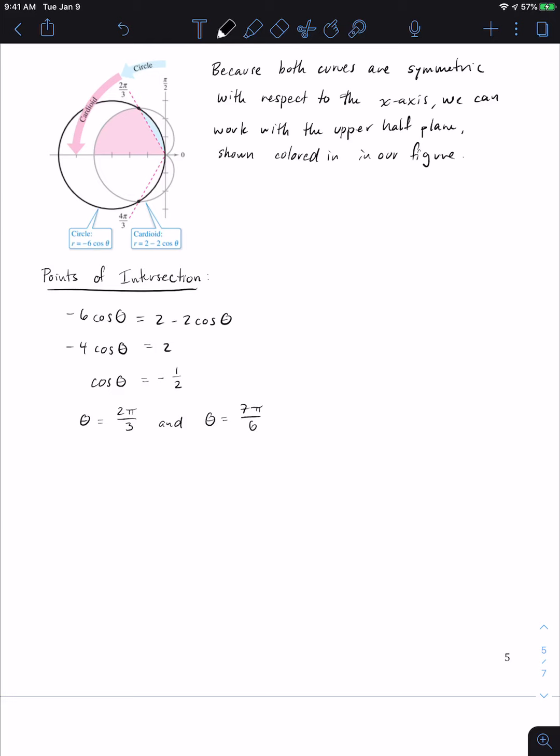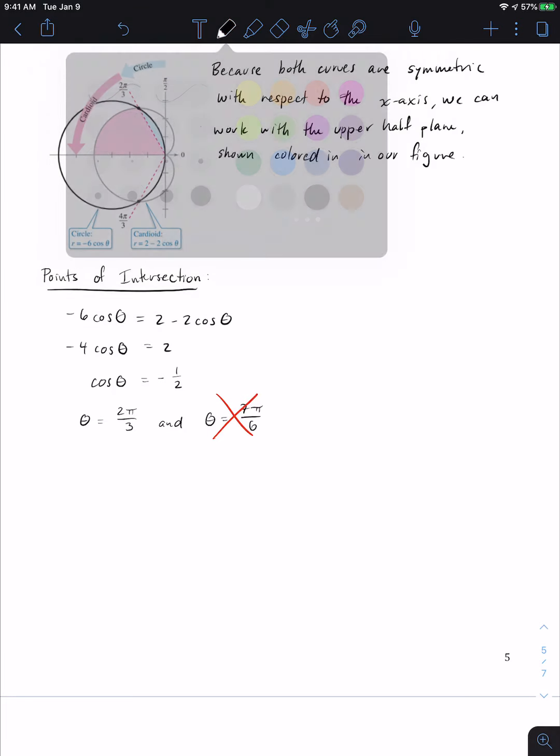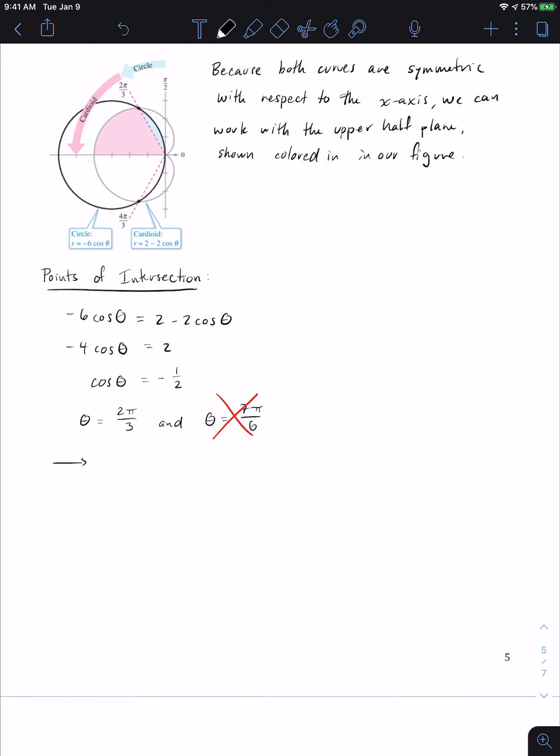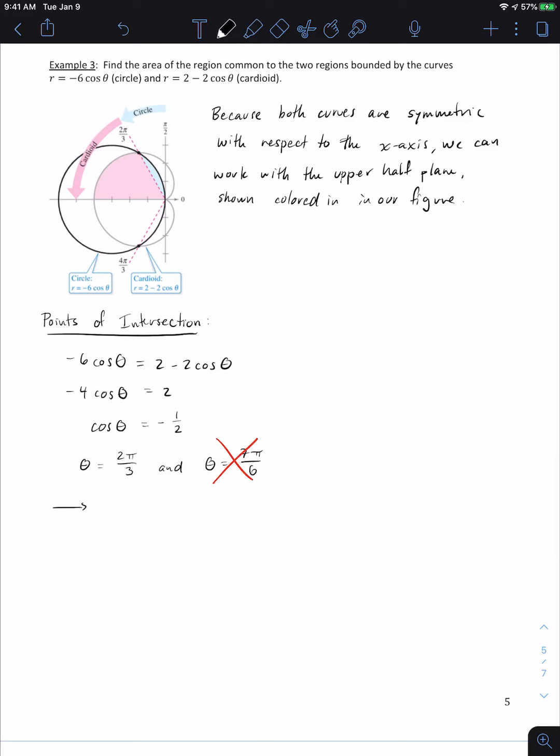But notice 7 pi over 6, when we think about the unit circle, is all the way down here in the third quadrant. So that is not one that I need for just finding the area of that top half. This is the one I need. And so what is that point? I set theta equals 2 pi over 3 into any of these, so r equals -6 cosine of 2 pi over 3. Cosine at 2 pi over 3 is -1/2, because that's where it came from.